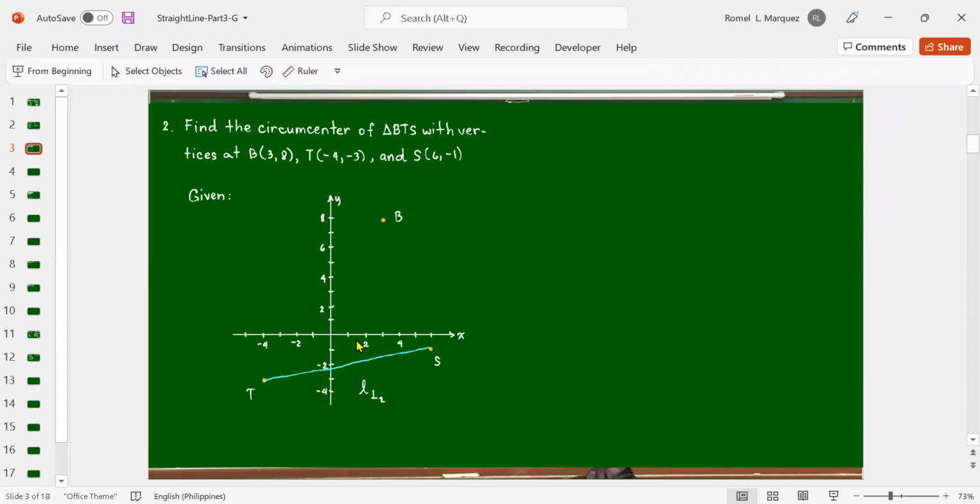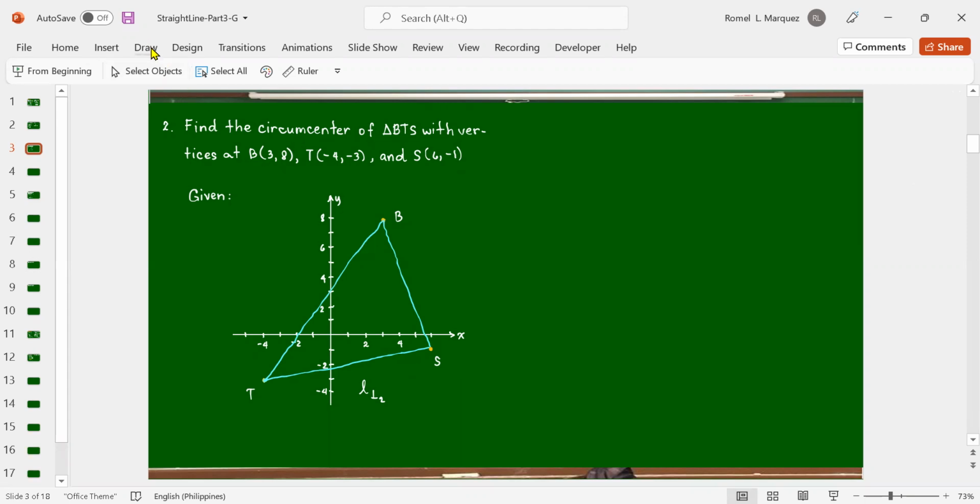So we have B and S, let's connect. And then the last one, we have T, B. Okay, so this is the triangle.